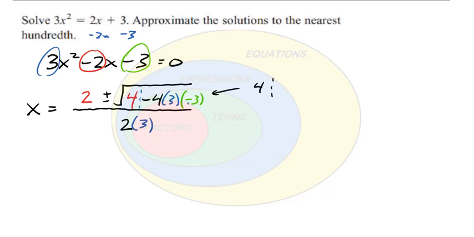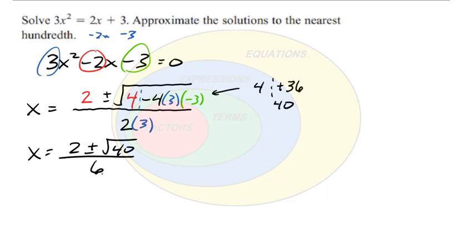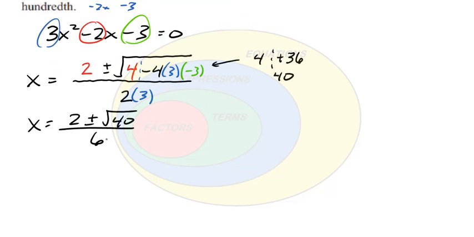Well, 3 times -3 is -9. -4 times -9 is positive 36. So we have a positive 36. So 4 plus 36 is 40. So we'll have x equals 2 plus or minus the square root of 40 all over 6. So we evaluated the denominator.